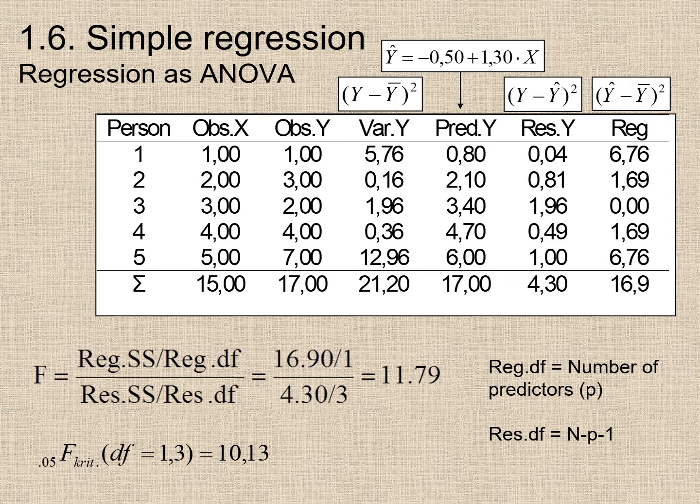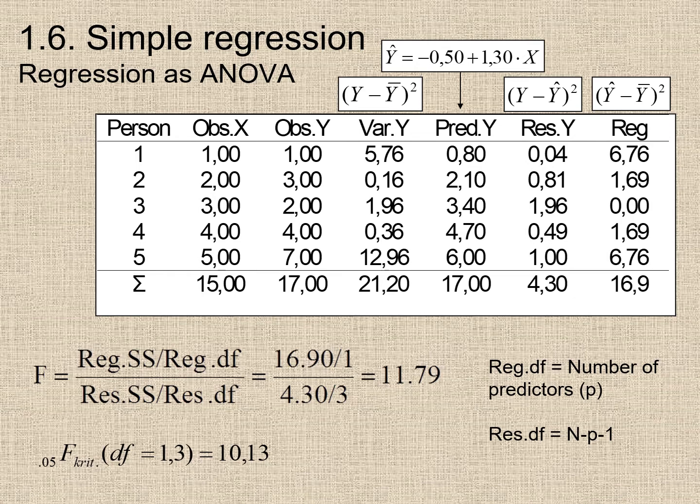We could compare our calculated, observed F ratio with a critical F ratio taken from an F distribution, because of course there are those also. So if you have a look at the F distribution, we take out the critical value on the level of 0.05, our significance level, with 1 and 3 degrees of freedom.